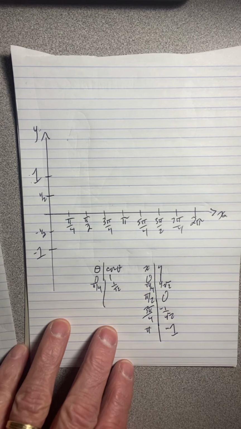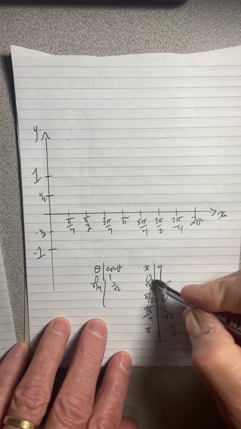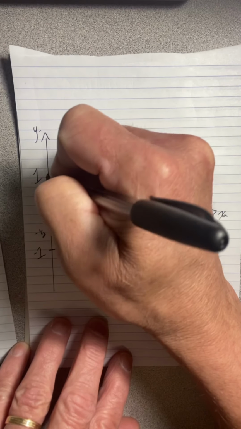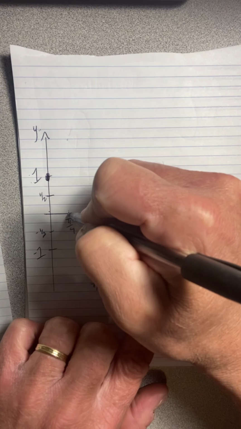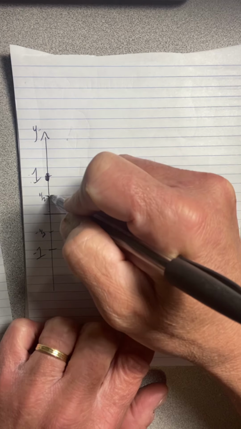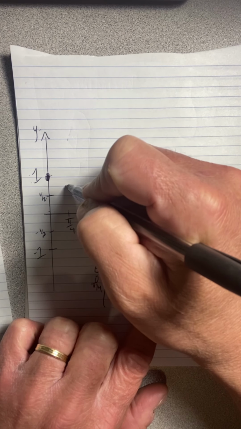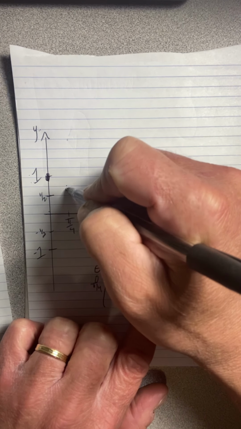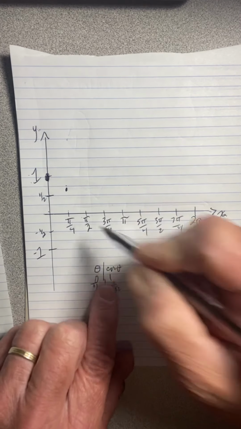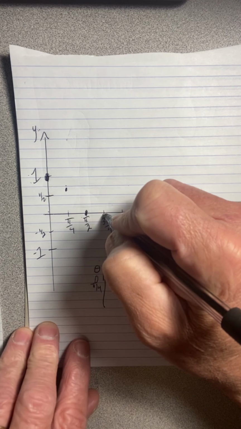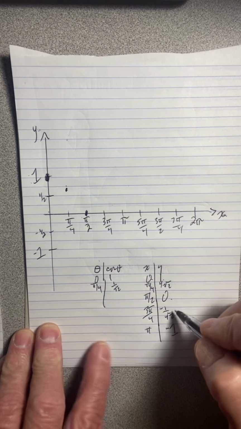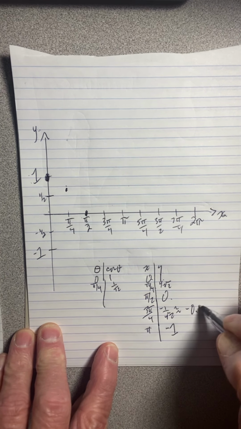So I think we can graph it now. At 0, I get 1. At pi 4, I get 1 over root 2, which we learned is about 0.7. So if this is 0.5, this is 0.75, so it's about right there. Then at pi halves, we're at 0. And then 3 pi 4s is negative 1 over root 2, which is about negative 0.7.